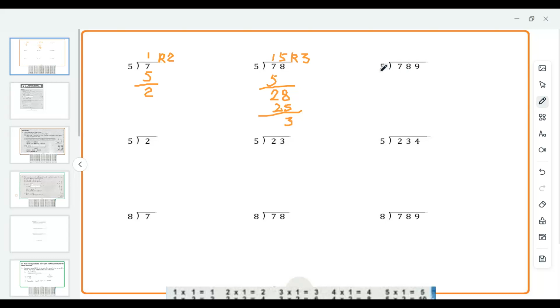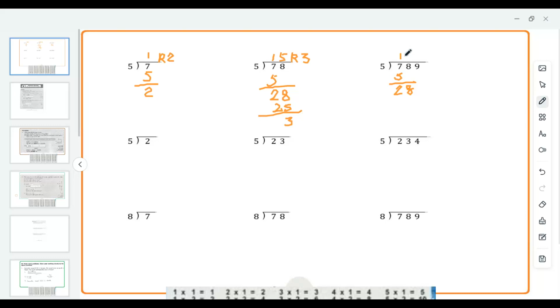789 divided by 5. There's 1 5 in 7. So 1 5 equals 5. 7 take away 5 equals 2. 2 is too small for the 5, so 8 comes down.